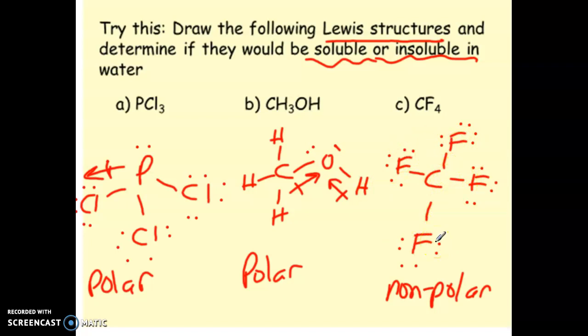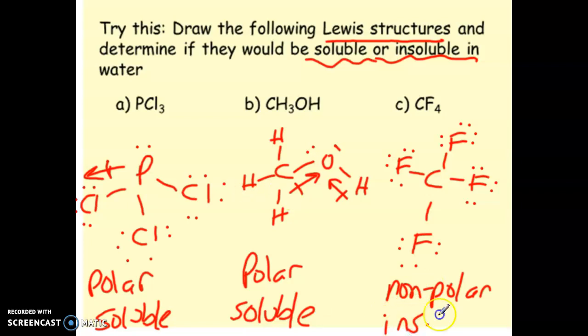If you need to go back and rewatch the lesson on polar molecules, please make sure you do that. So, when we're saying if it's soluble or insoluble in water, if it's polar, it will be soluble, because water is also polar. Polar and polar will mix, like dissolves like. So the first 2 are soluble and the last one will be insoluble.